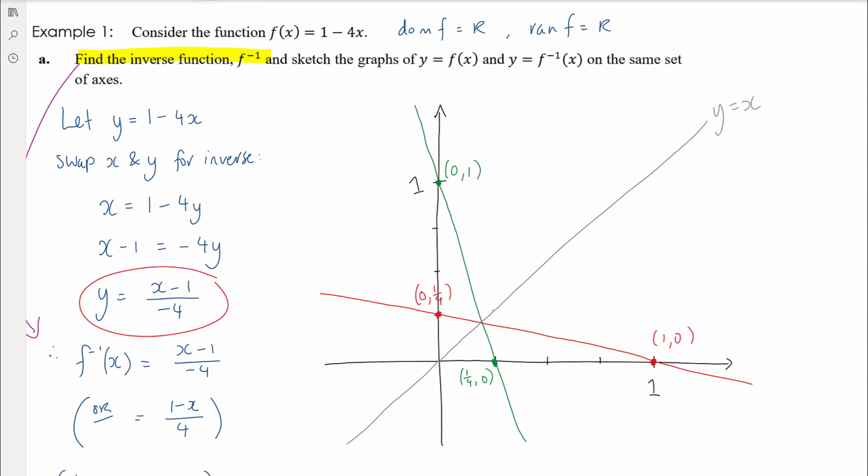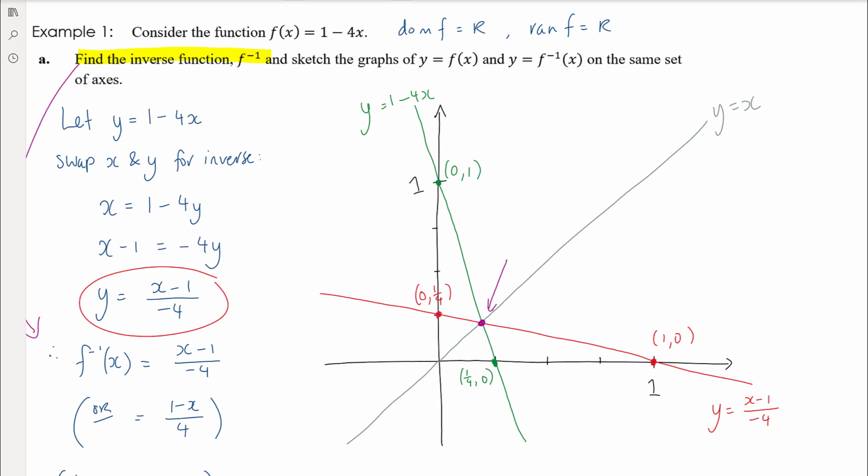The other thing that should happen is that your inverse function and your original function should cross on the line y equals x. Let me just write out the rules. So this one is (x minus 1) over -4, and this is y equals 1 minus 4x.